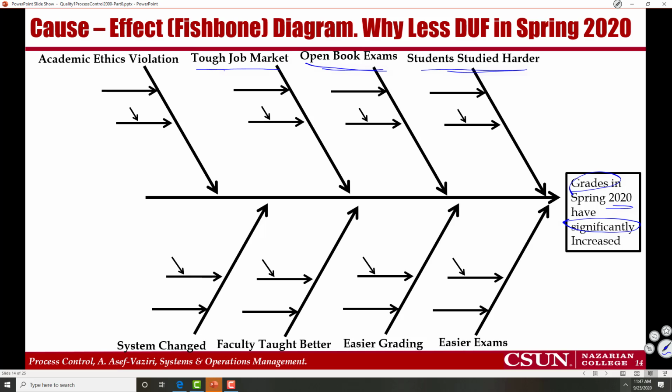Was it because the job market is tough and now the students are trying to learn better to be more competitive in the job market? Did faculty teach better? Were there easier exams? Did we have easier grading? Did the system change? I don't like this one, but this could also have been a reason. So why did grades in spring 2020 go up?